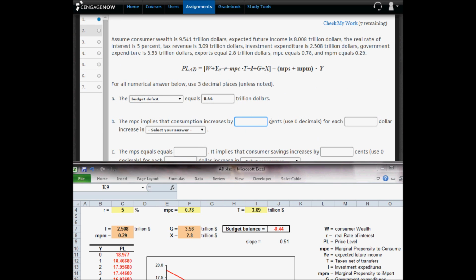The MPC implies consumer expenditure increases by 78 cents for each $1 increase in disposable income. The MPS is equal to 0.22.